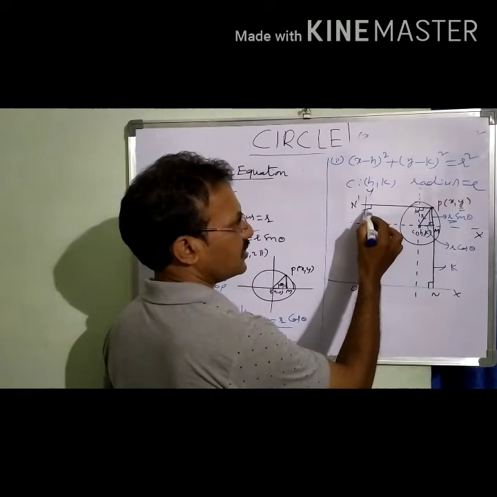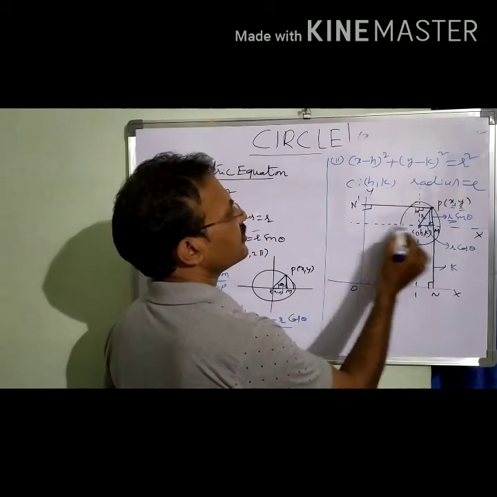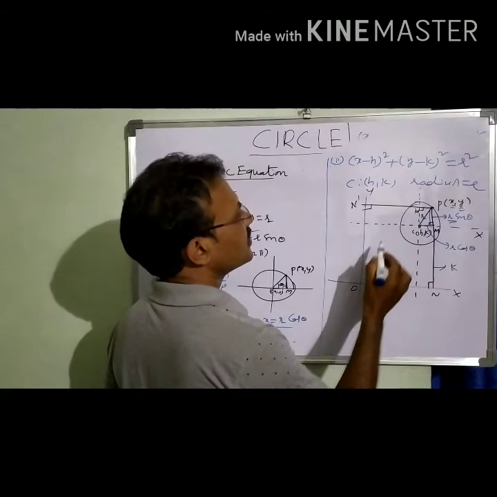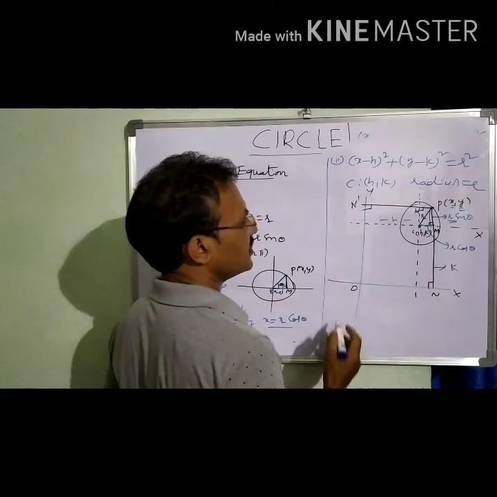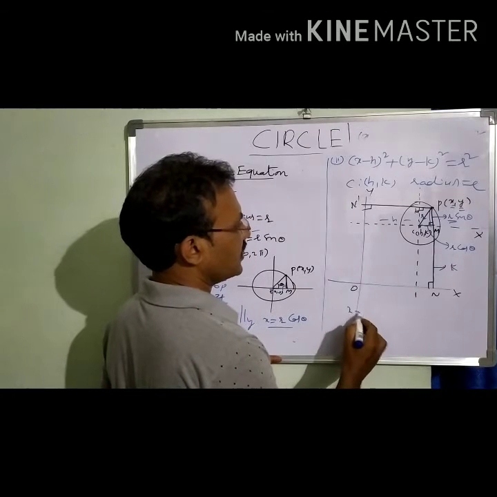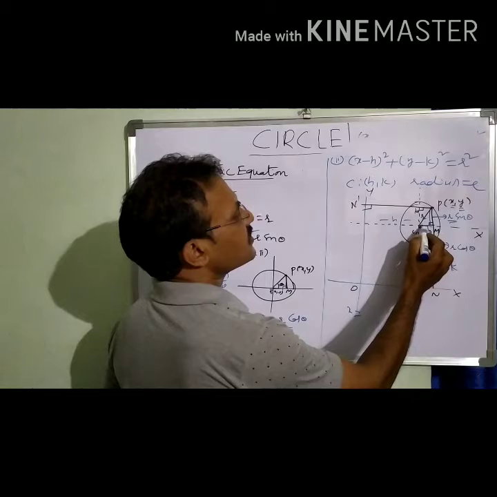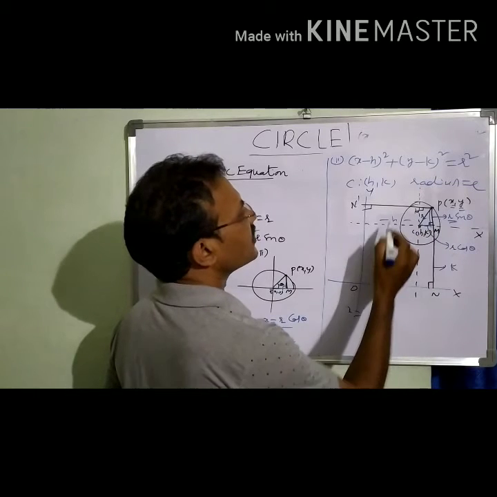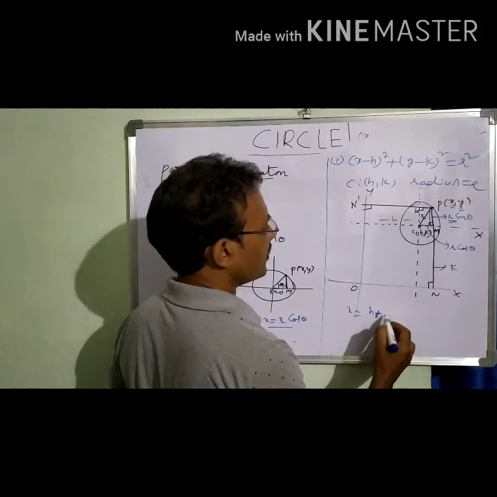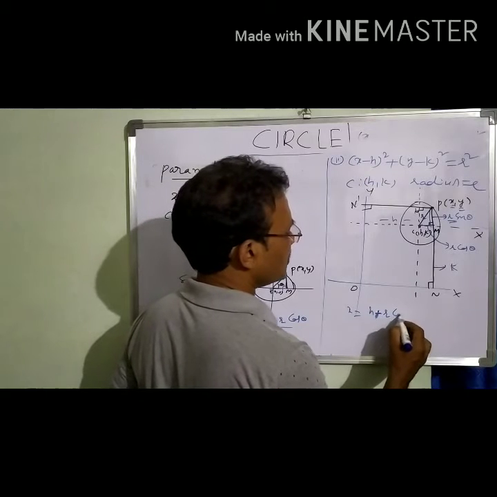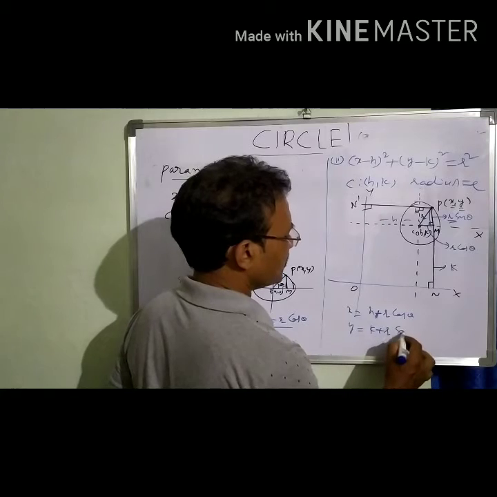In the same manner, the x coordinate: this distance is h and this distance is r cos theta. Therefore, from the figure, x is equal to h plus r cos theta, y is equal to k plus r sin theta.